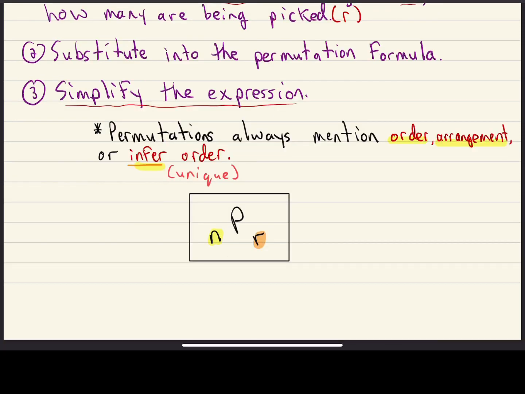Sometimes when we're putting it into our calculator, we use the permutation notation, where n refers to the number of objects we're picking from, and then how many objects we're actually choosing from that set.